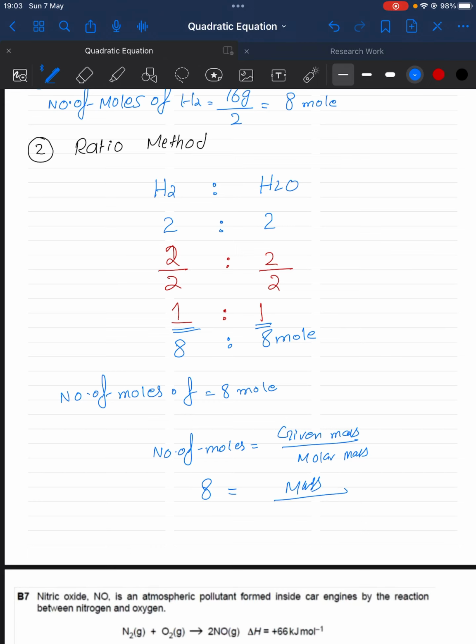The molar mass of water is 18: in H2O we have 2 hydrogen and the atomic mass of oxygen is 16, so we have 18. When we multiply, mass is equal to 8 into 18, which gives us the mass in grams of water. So this is how we can find out the mass of any compound if the mass of the reactant is given and we want to find out the mass of the product. We can also find the number of particles or the volume by using the same method.